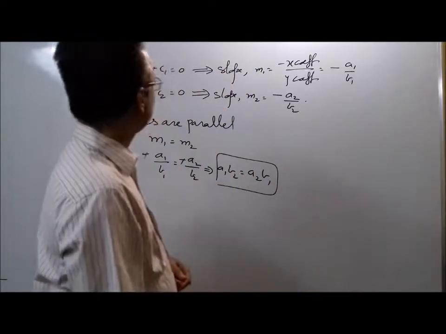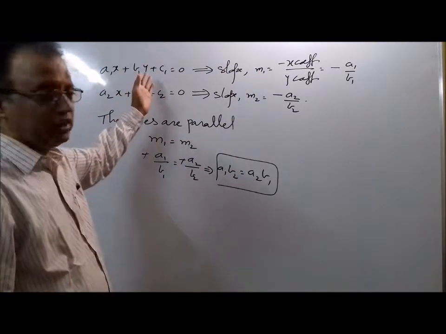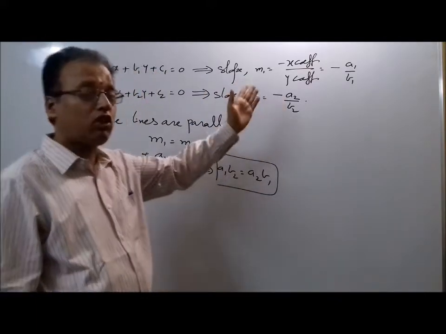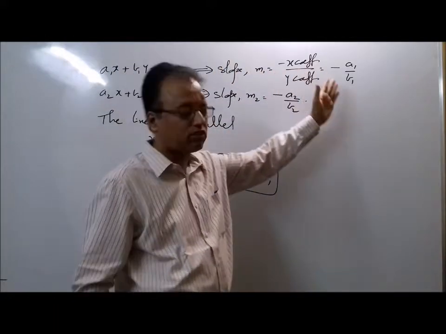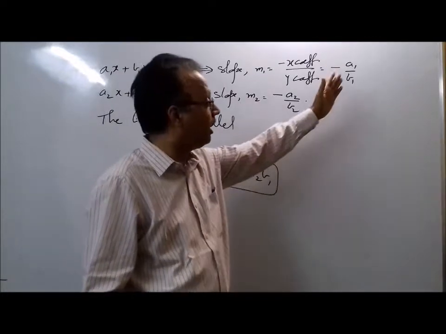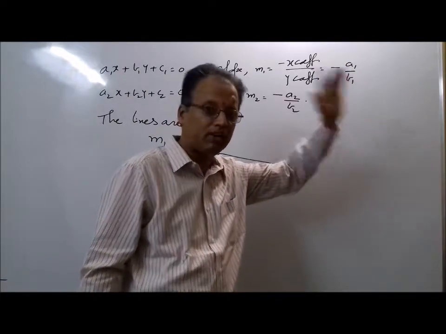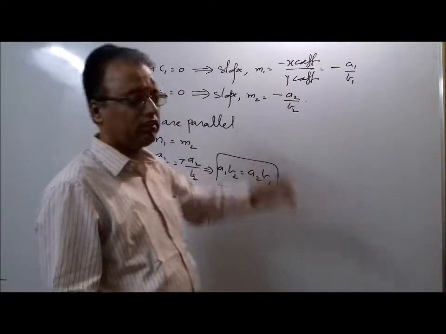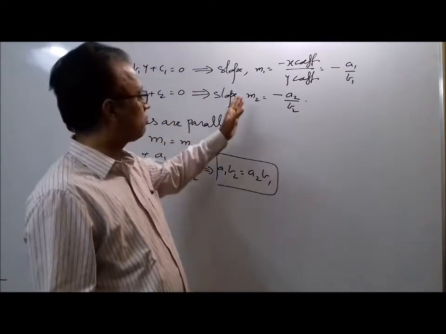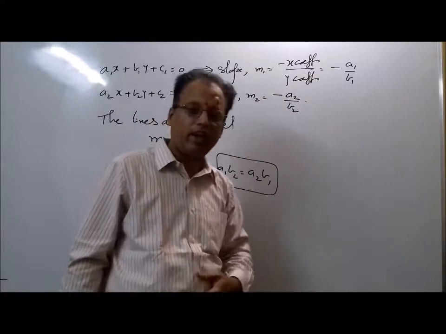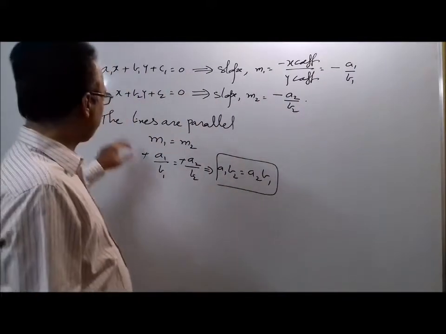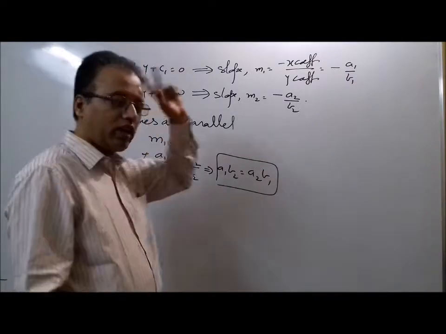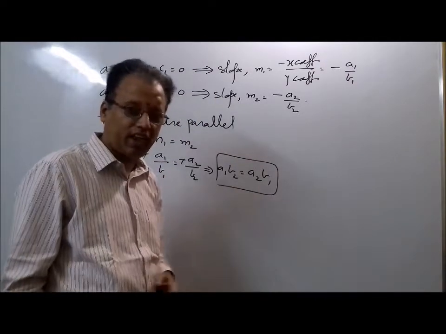So let us see. Here the general form a1x plus b1y plus c1 equal to 0, then the slope, the formula we know as minus x coefficient by y coefficient, is equal to minus a1 by b1. And a2x plus b2y plus c2 equal to 0 implies the slope m2 is minus a2 by b2. Now the condition for the lines when they are parallel: m1 is equal to m2, as we discussed in the previous class.